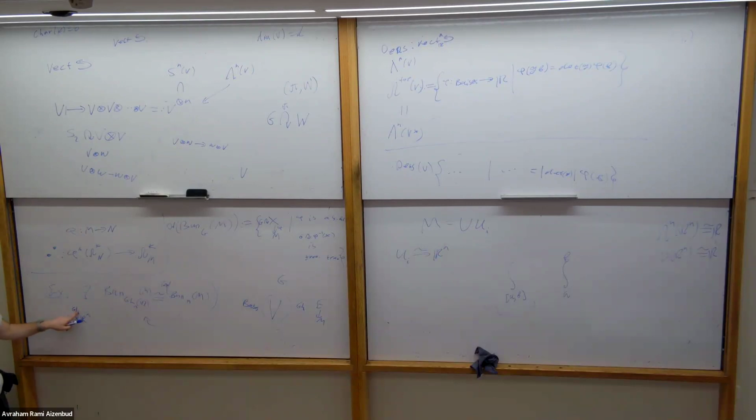So this is not a fiber product. I put the GLn upstairs. So GLn acts here and acts here. So you can construct the equivalence relation saying that (x, v) is equivalent to (xg, g⁻¹v).